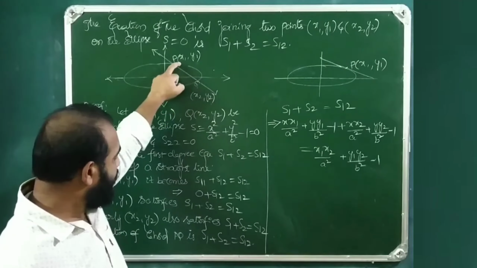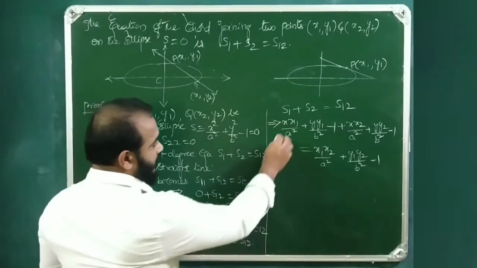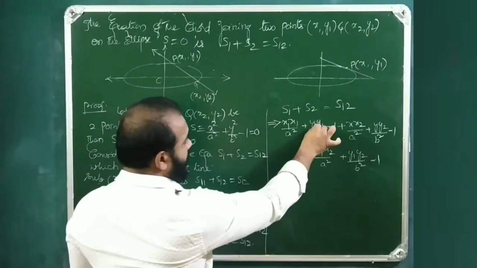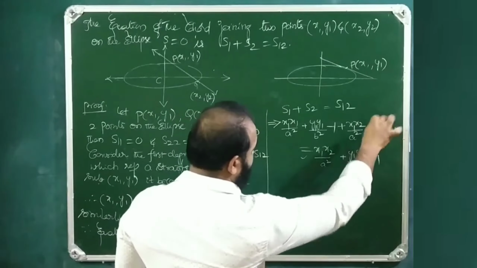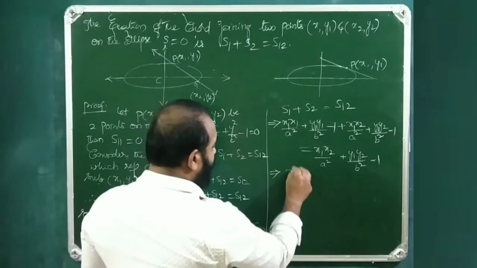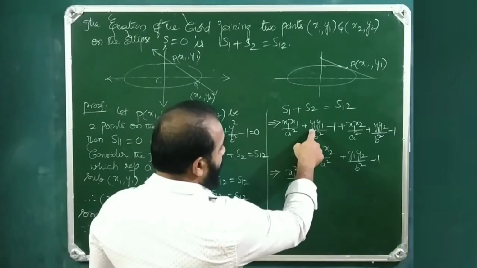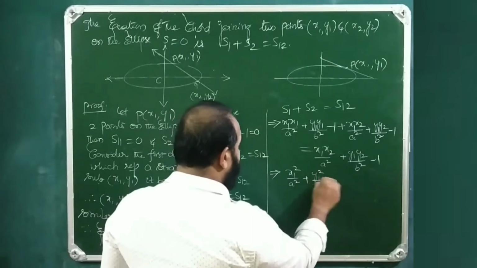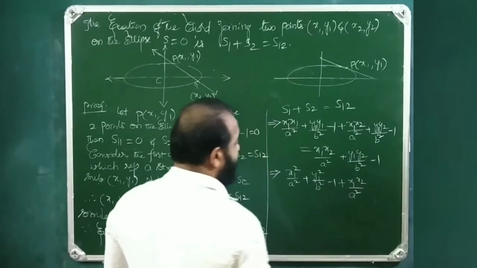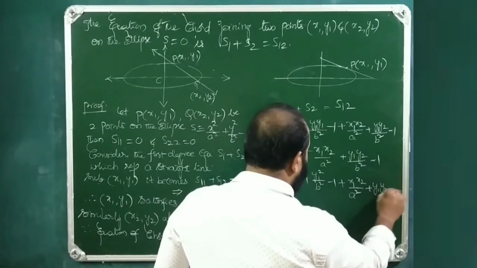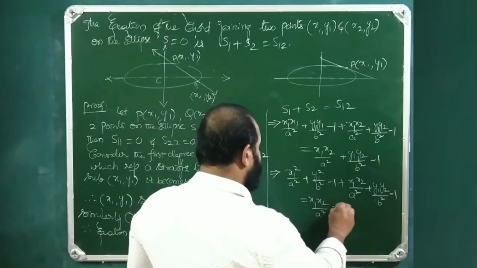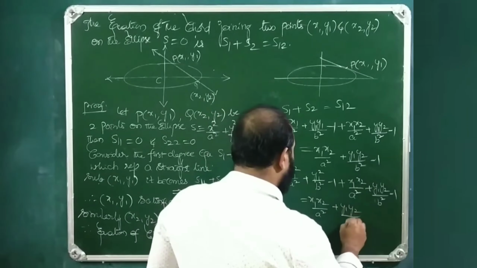Substituting P(x1, y1) in the place of x and y, we get x1·x1²/a² + y1·y1²/b² − 1 plus x1x2/a² + y1y2/b² − 1 equals x1x2/a² + y1y2/b² − 1.